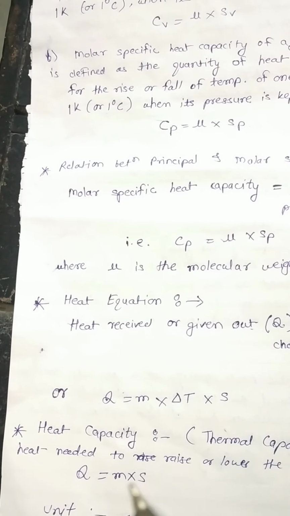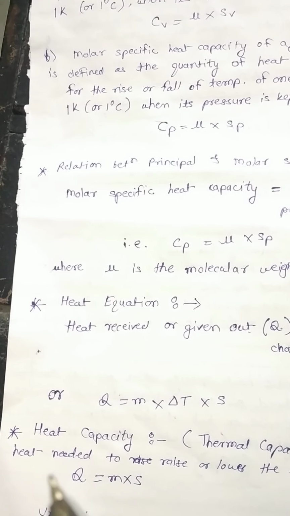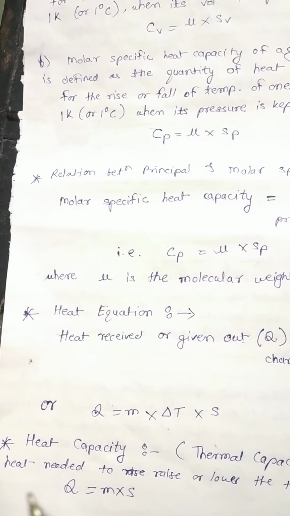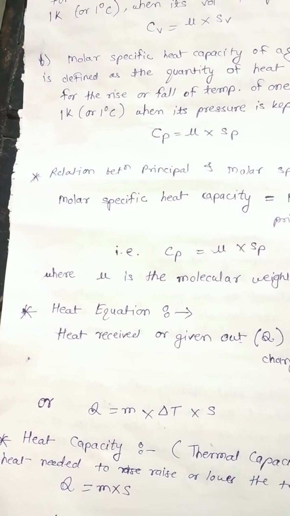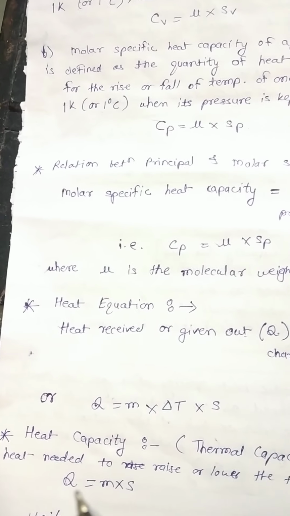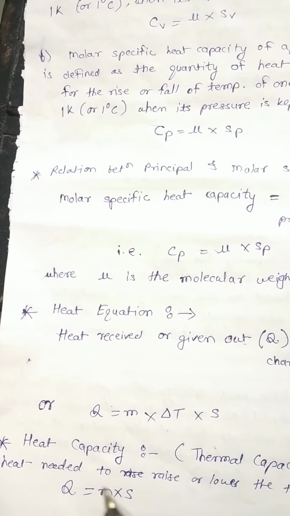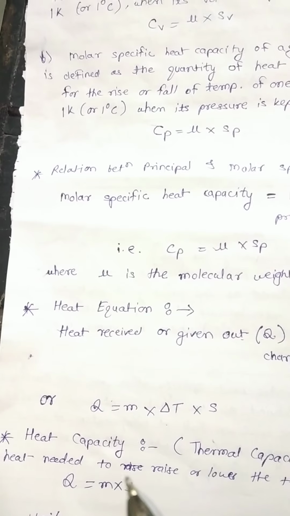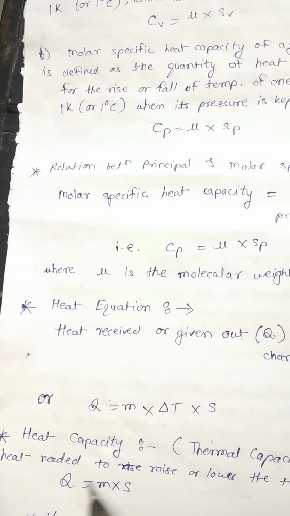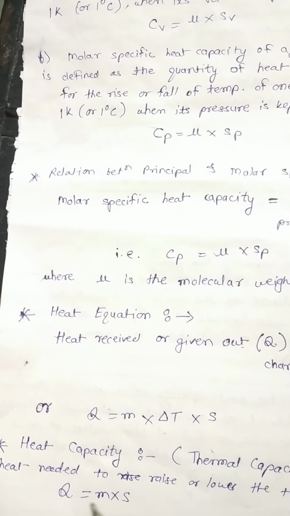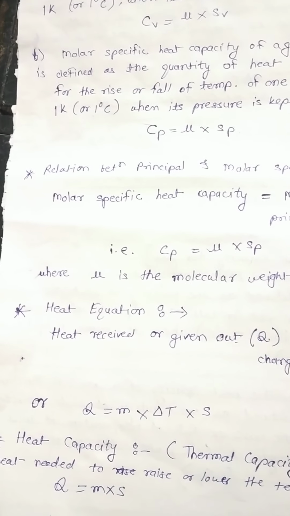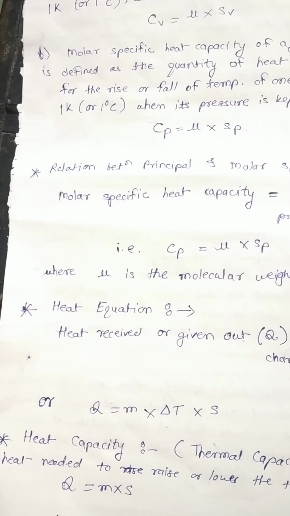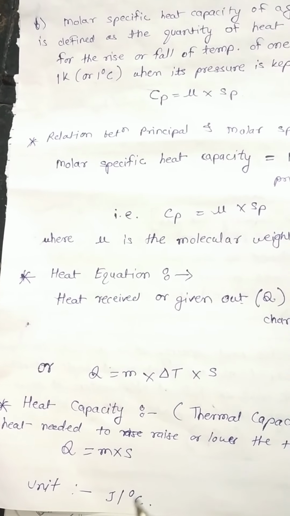So we get the formula: heat capacity = Q = m × S, that is, mass times specific heat capacity. The SI unit of heat capacity or thermal capacity is joule per degree Celsius.